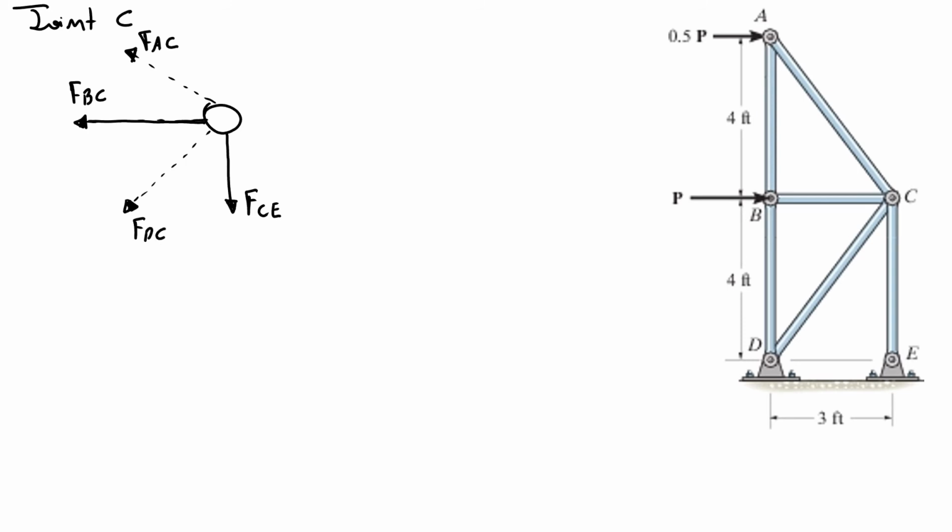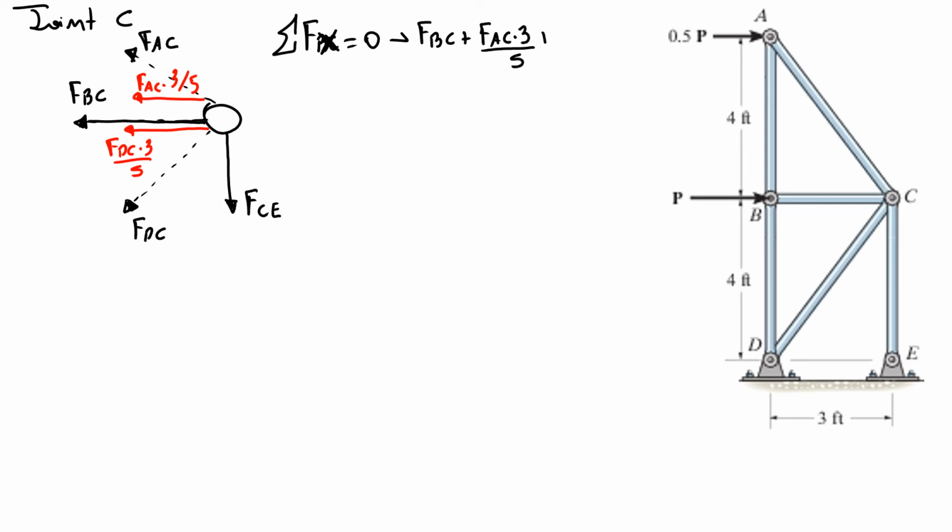So the same way we did for FAC, we know here is FDC times 3 over 5, and here is FAC times 3 over 5. So if I do the sum of forces in x equals 0, I'll have FBC plus FAC times 3 over 5 plus FDC times 3 over 5 has to be 0.